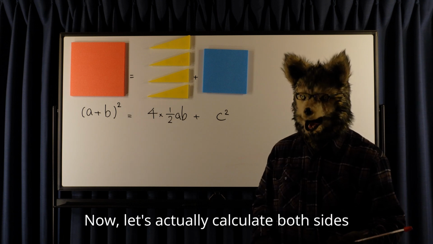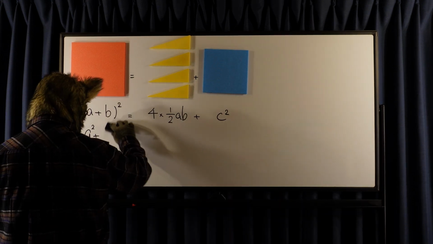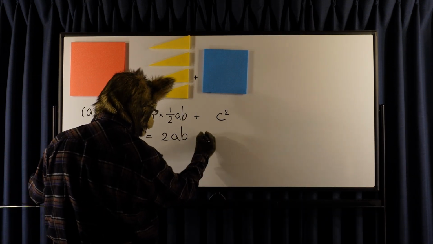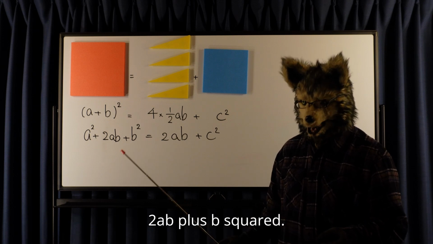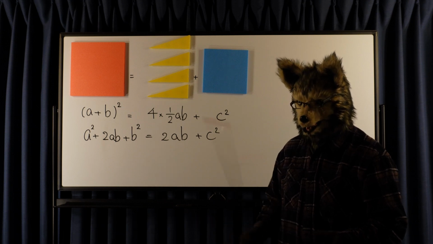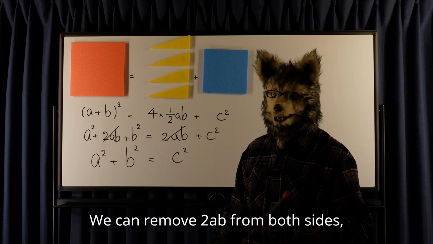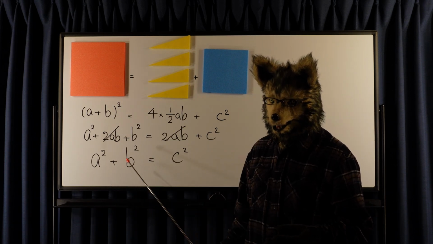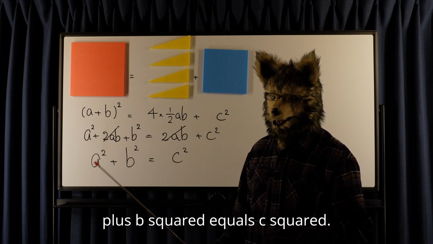Now let's actually calculate both sides of this equation. The right-hand side equals A squared plus 2AB plus B squared. The left-hand side equals 2AB plus C squared. We can remove 2AB from both sides. Then we get the conclusion: A squared plus B squared equals C squared.